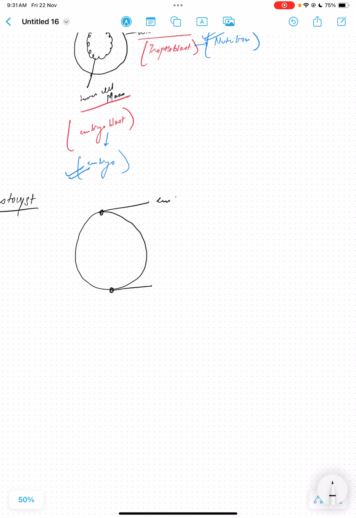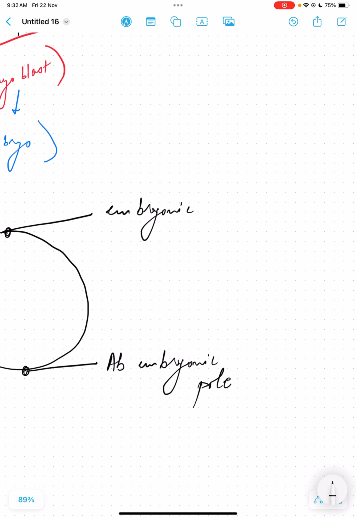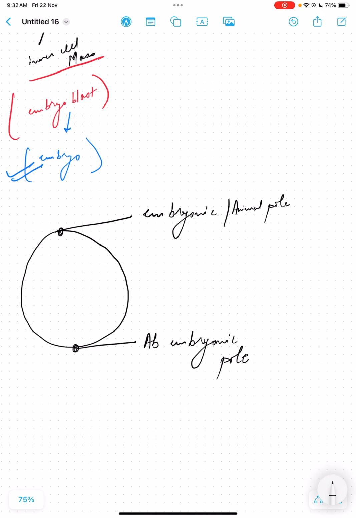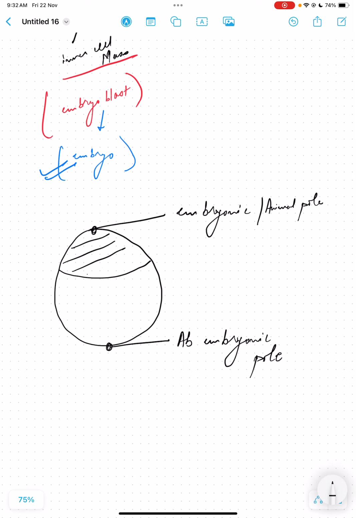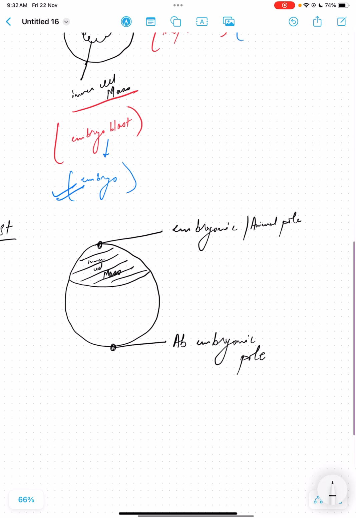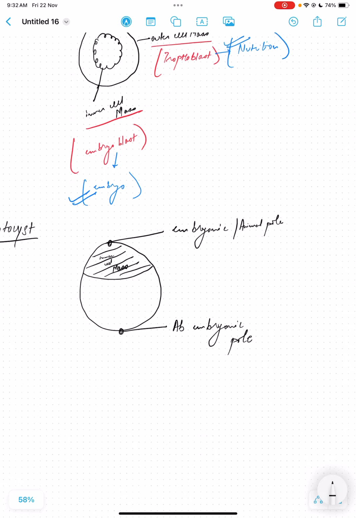One pole is called the embryonic pole and opposite to it is called the abembryonic pole. The embryonic pole is also called the animal pole, that is towards the inner cell mass. So you have to remember that the pole towards the inner cell mass is the embryonic pole or the animal pole, and opposite to it is the abembryonic pole.